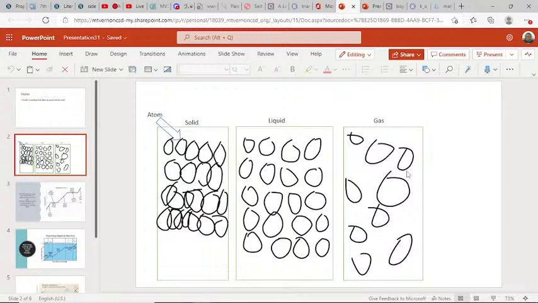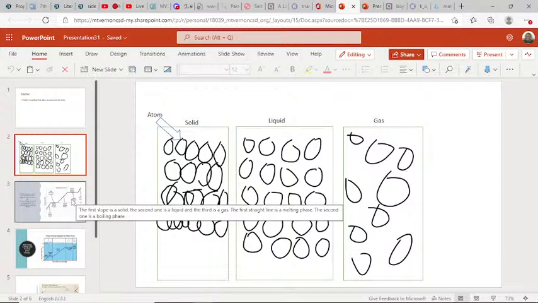Solids have a definite shape and a definite volume. Liquid has an indefinite shape but a definite volume, while gases have an indefinite shape and volume. So you gotta keep that in mind.